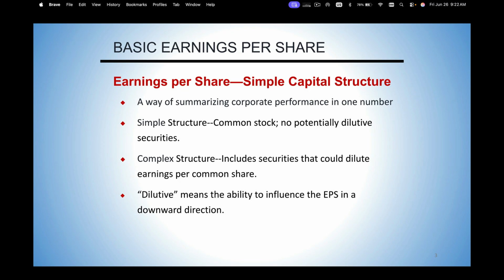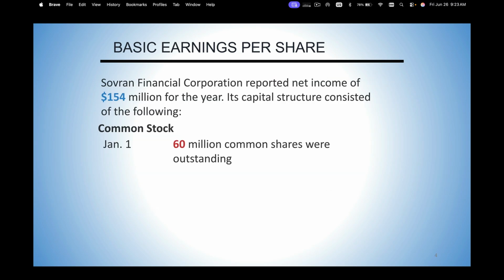If you held common shares and found out there are convertible securities that make your earnings per share go down, that would be diluting your earnings. Dilutive means the ability to influence the earnings per share in a downward direction.